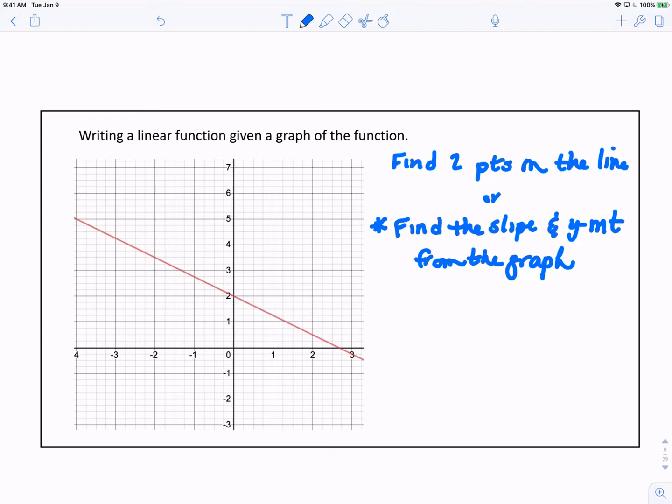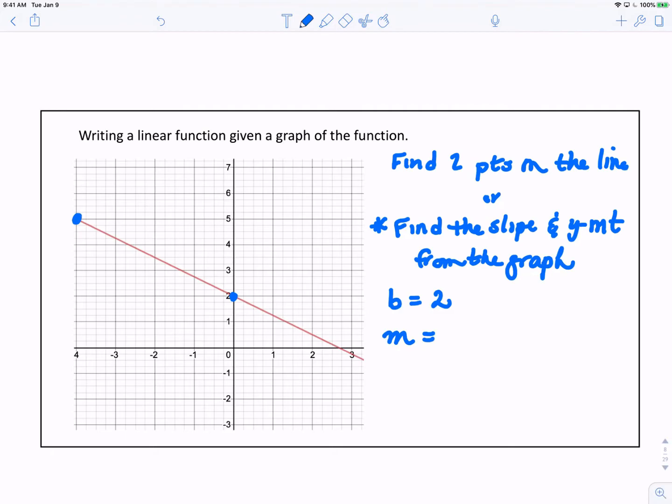So if we look at this line, we can see that the y-intercept is 2. And to find the slope, we simply have to find 2 points that are on the line. So let's see. This one is a little tricky, but here's another point on the line.